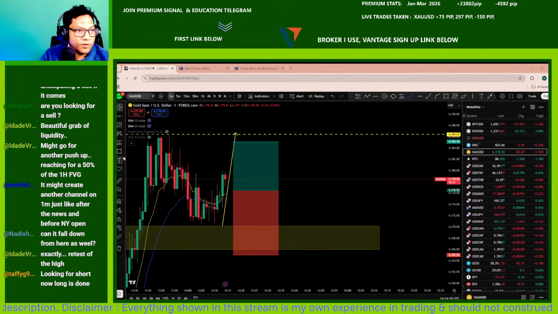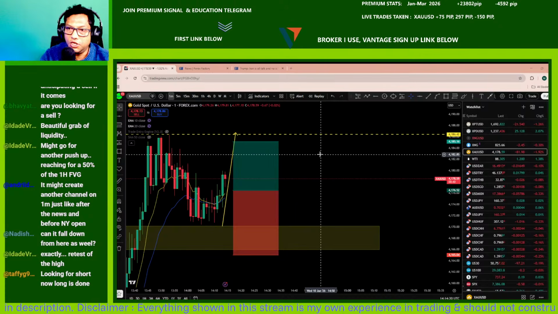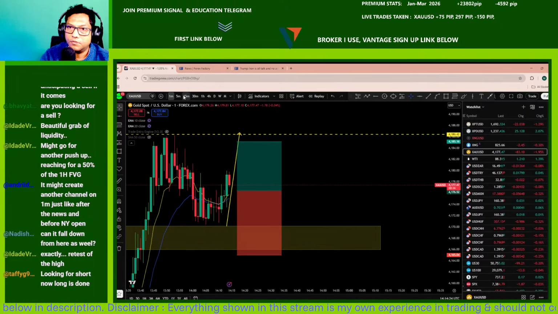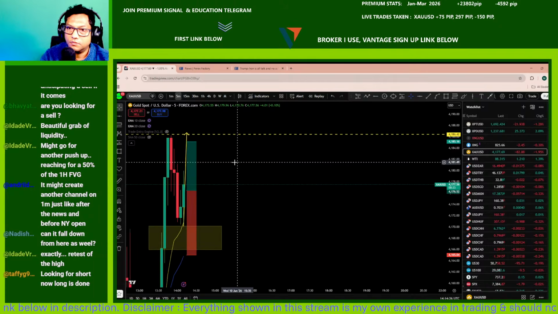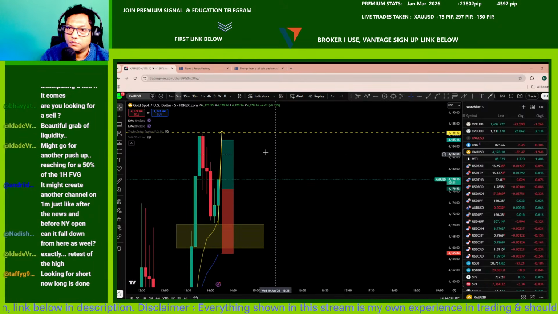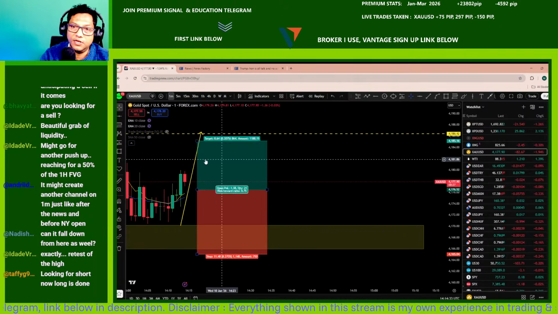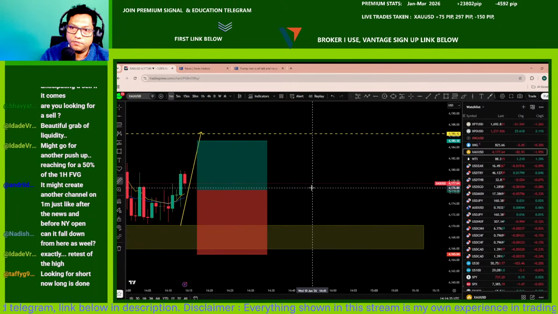So it's a buy trade for a very short move, potentially for another move back here to the resistance line. And I might close this trade very soon as we can see enough pips reached.